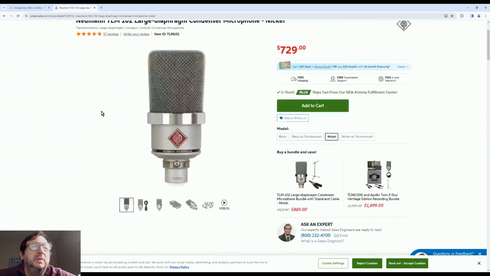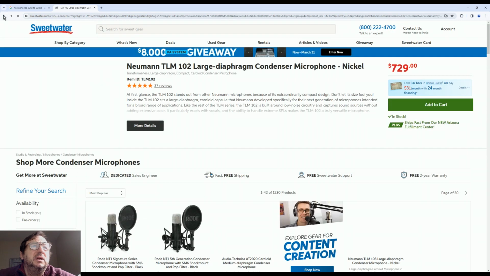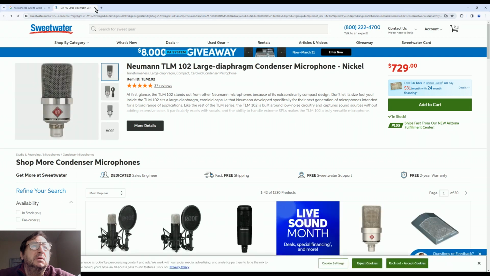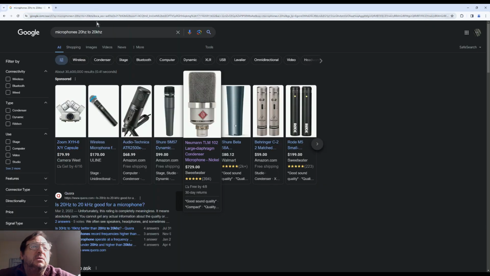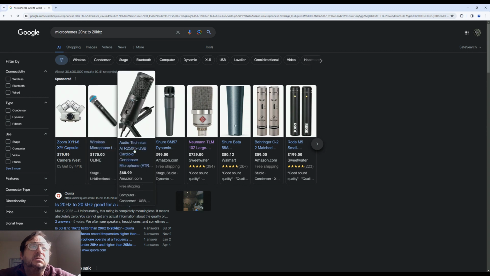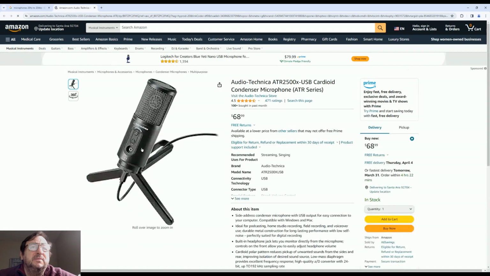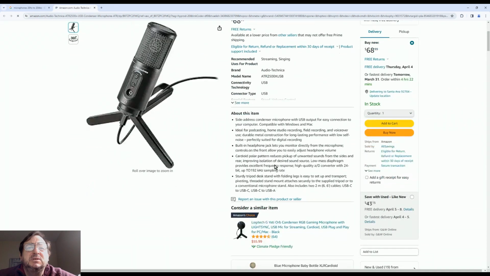Now many microphones, cheap ones, they don't have that. Like suppose I look, to me this is quite a cheap one, like this. $68, come on. Well, Amazon sometimes doesn't put all specs. They're kind of short on specs.